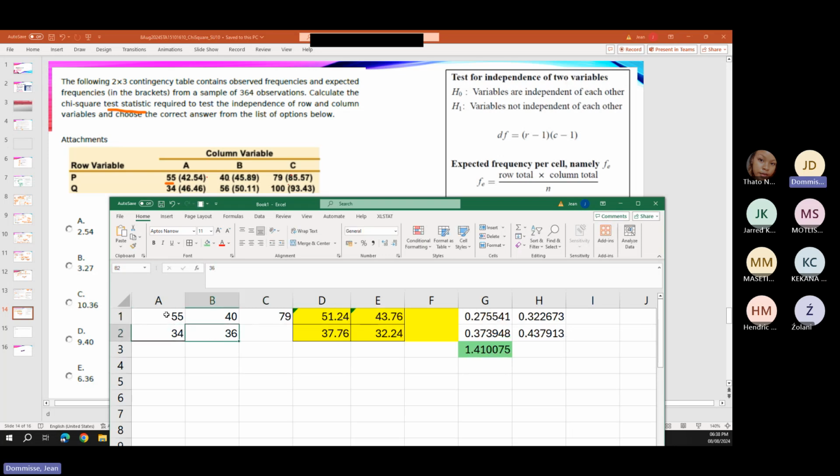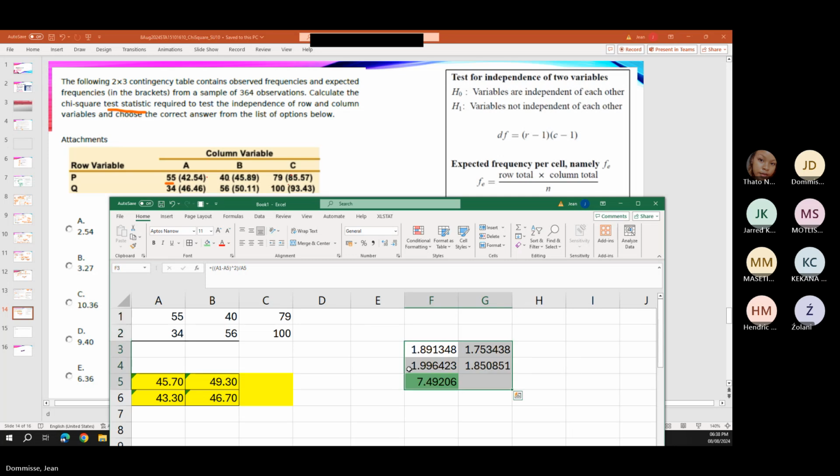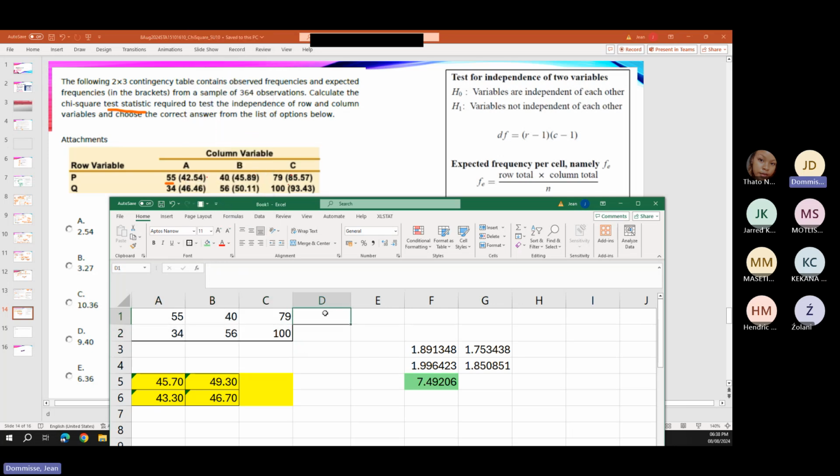We will update now. Let's make it a bit nicer. Let's put in totals, as it is easier in this calculation to work with the totals.